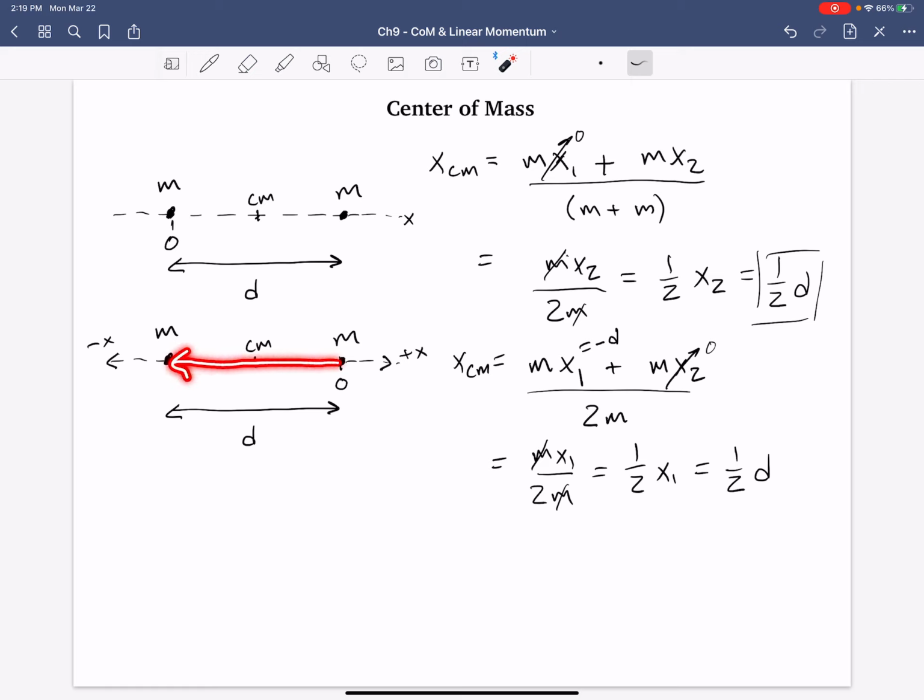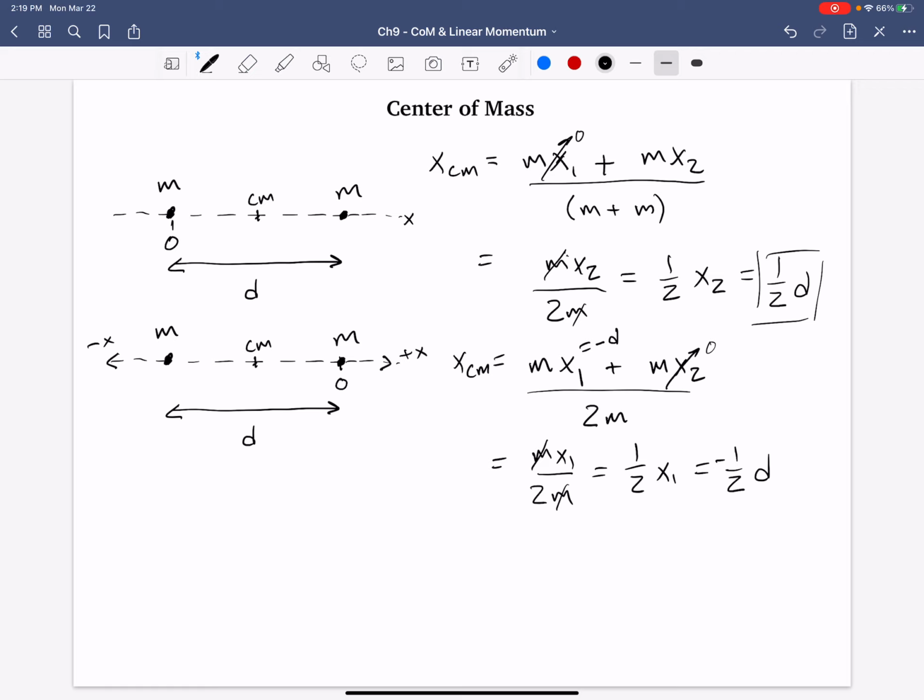That's the location of mass 1. You're going left, which in this case I said was negative. So you would put in a negative distance, and thus you get a negative 1/2 d.